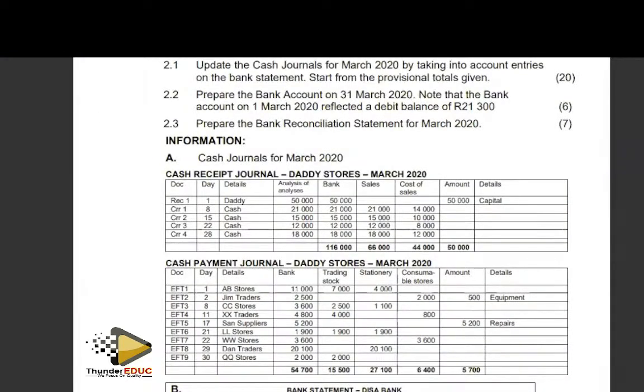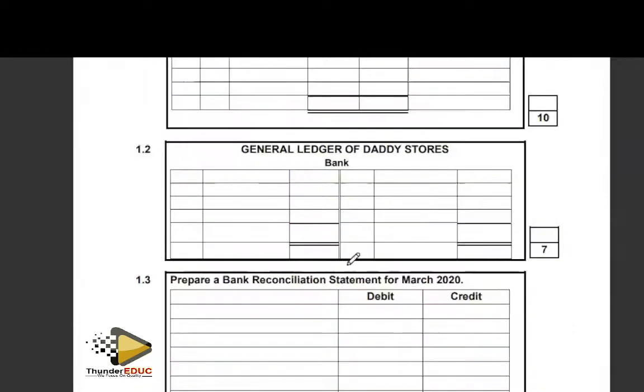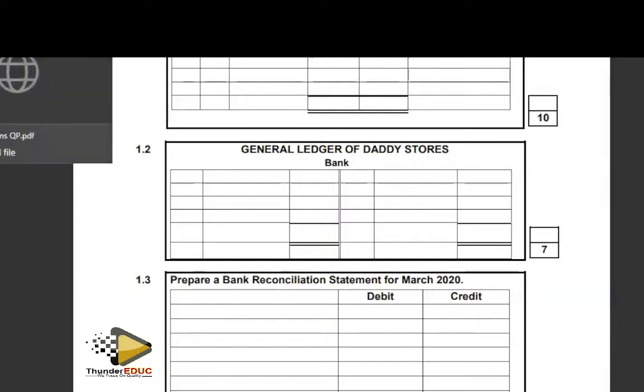So let's change it also. This is 54,700. So the first thing you should do is always carry the totals first. Then you start doing the work.